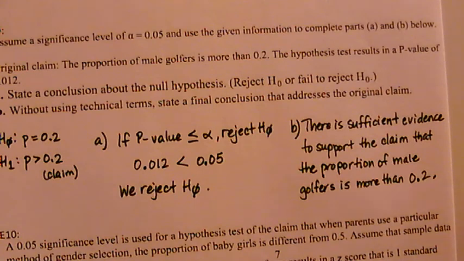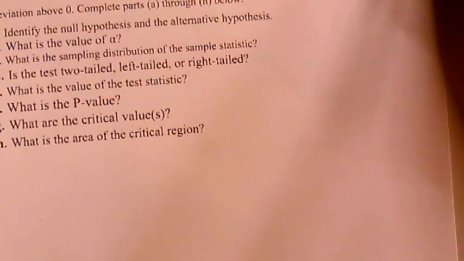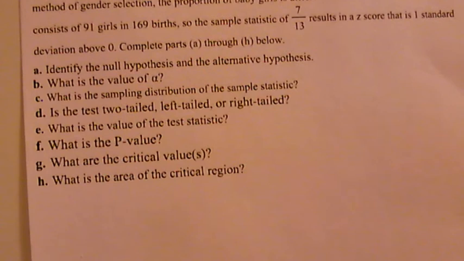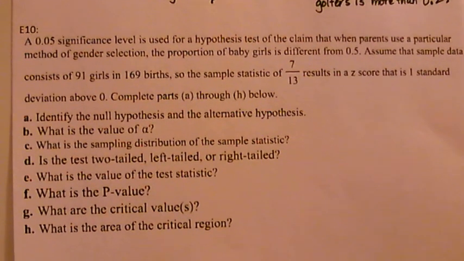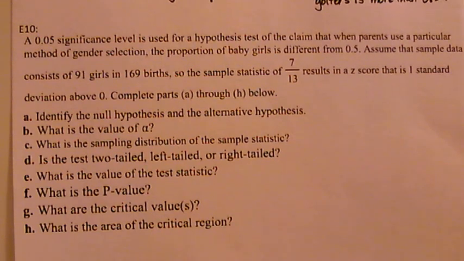Alright, now let's look at this next. This one contains a lot of parts in this particular problem. A 0.05 significance level is used for a hypothesis test of the claim that when parents use a particular method of gender selection, the proportion of baby girls is different from 0.5.